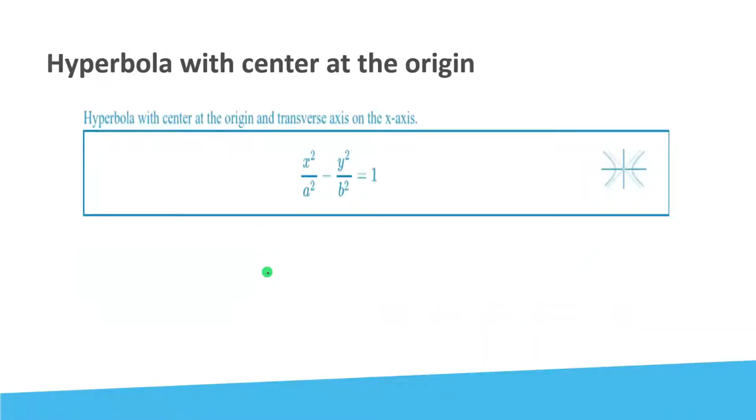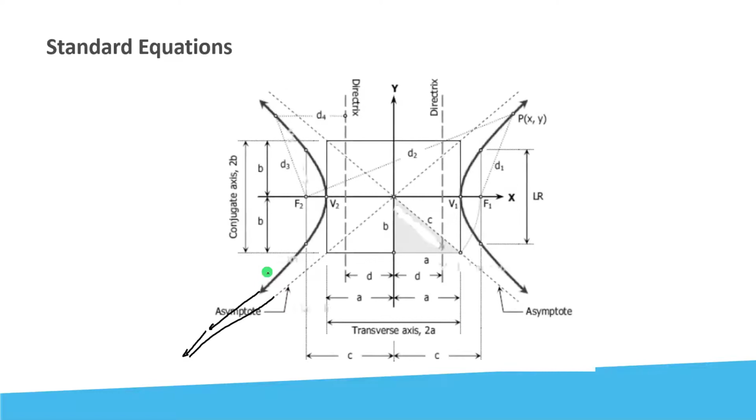We go back again on the figure. c also is equivalent to this distance. This is c. That's why if we have a and b, this equals c. Also, the distance from the foci is equal to c from the center of the hyperbola.